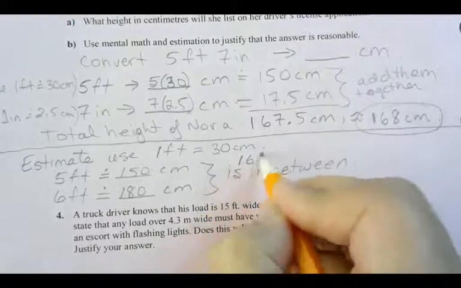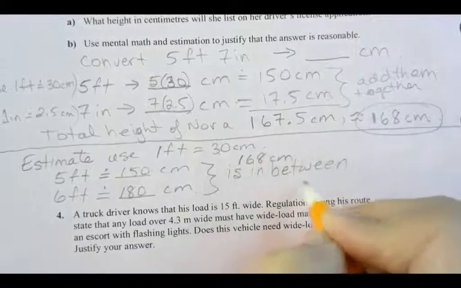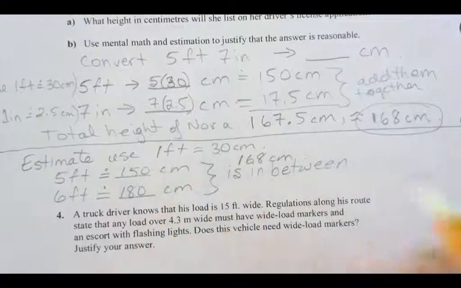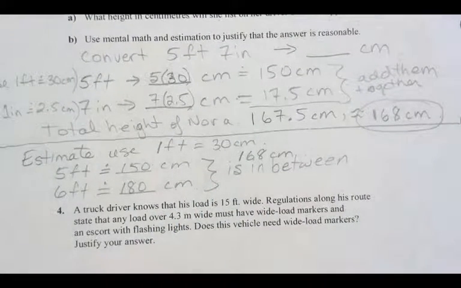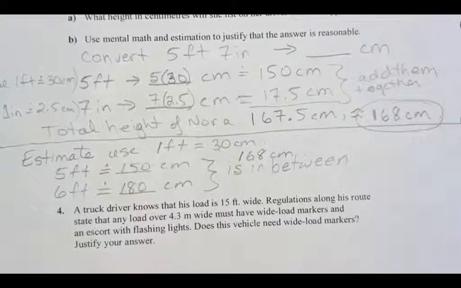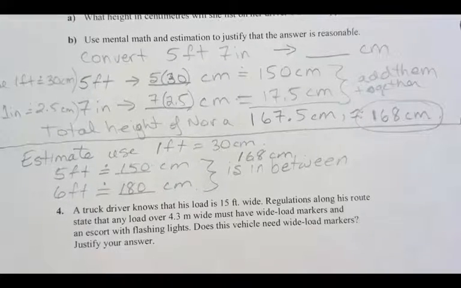So 168 centimeters is in between 150 and 180. So is it a reasonable estimate if we say her height is between 150 and 180 centimeters? Like 170 centimeters maybe? 165 centimeters? Those would be reasonable guesses, right? Okay, perfect. So that's pretty much what you have to show when you're doing this one.